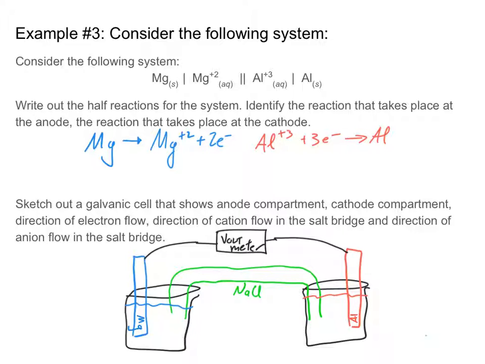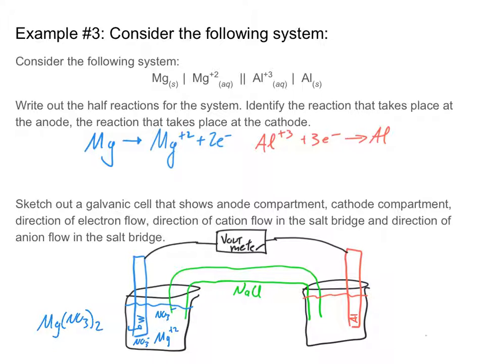Okay, now I also have to have some type of solution, and so in this case, to make my life a little bit easier, I'm going to make Mg(NO3)2 solution. So that would look something like this. I'm going to have one Mg2+, and I'm going to have some NO3 minus floating around, NO3 minus and NO3 minus.